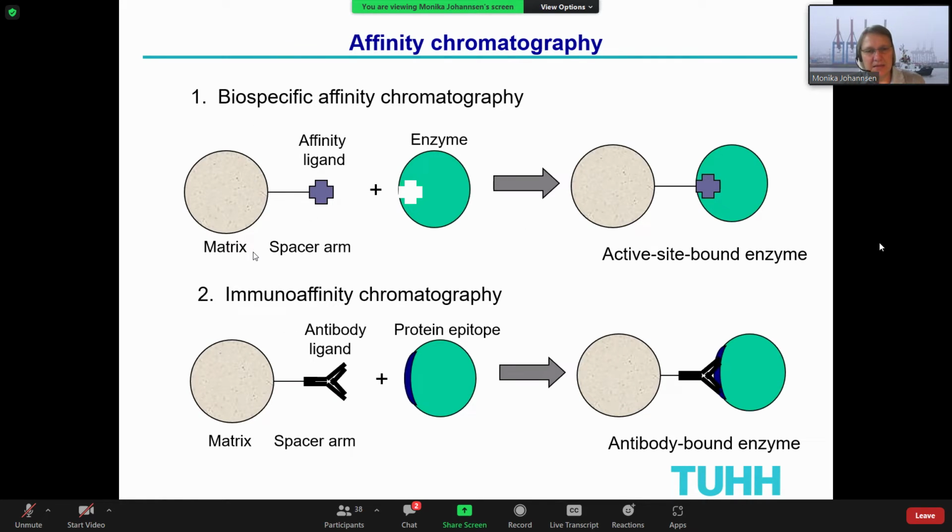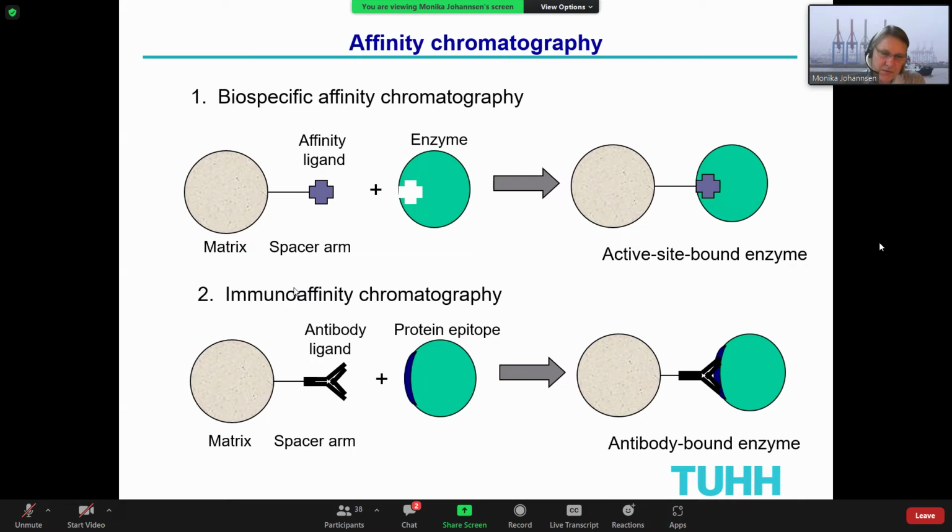So what can these ligands be, for example? There are several different ones available. For example, if we go to biospecific affinity chromatography, we need an affinity ligand, which will bind to the enzyme and build an active-site-bound enzyme.